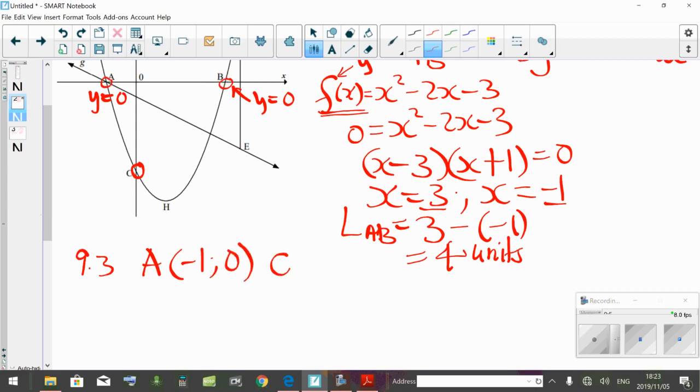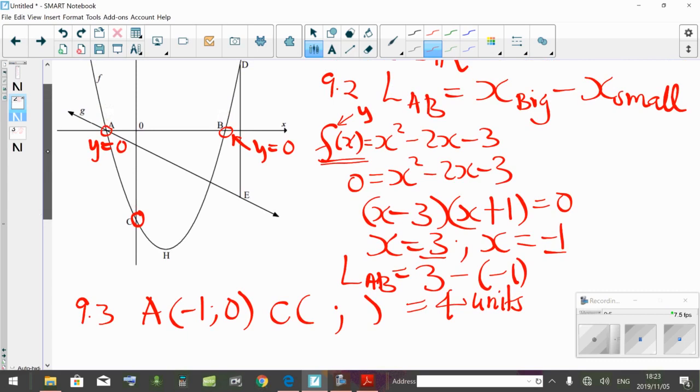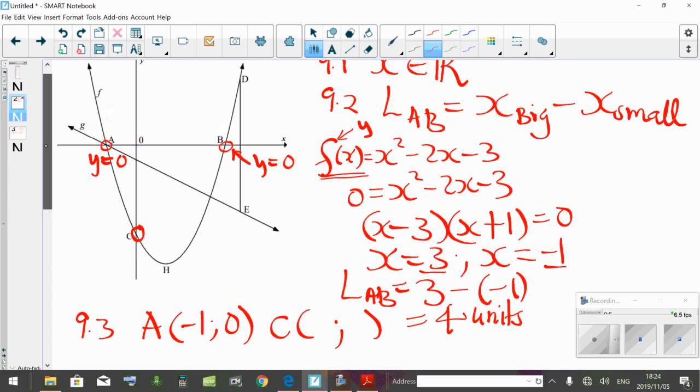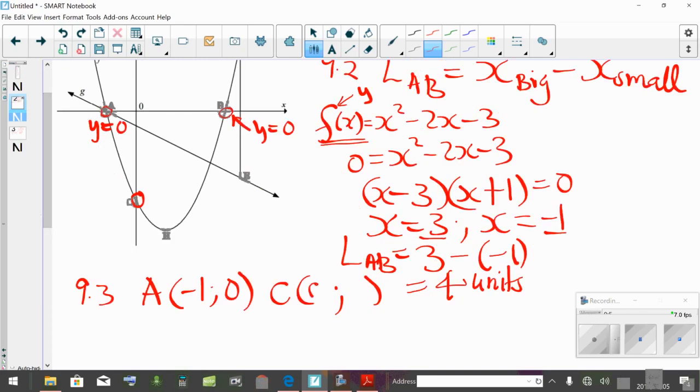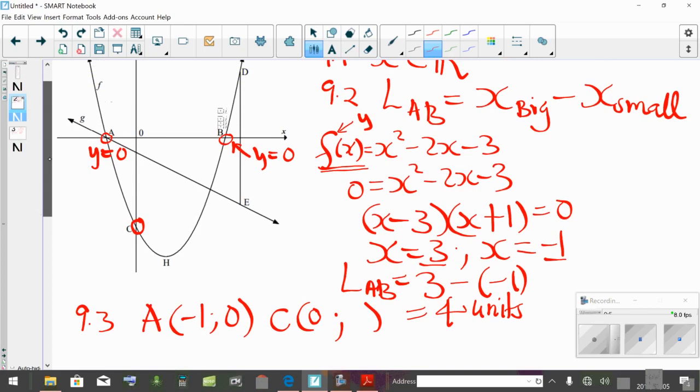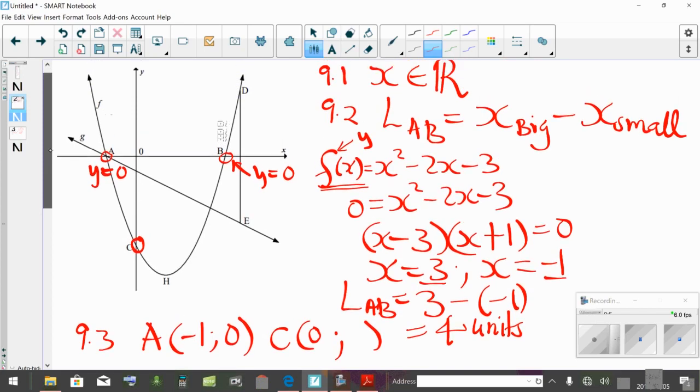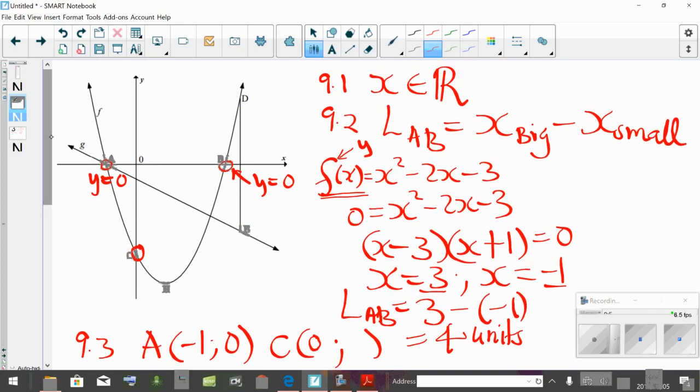Now we need the coordinates of C. As you can see, this is on the y-axis. It means that x is equal to 0 here. Just going to write 0 there quickly. Now I need the y value. I do not need to substitute in the equation of the parabola.